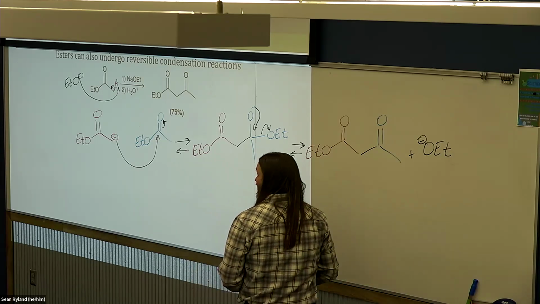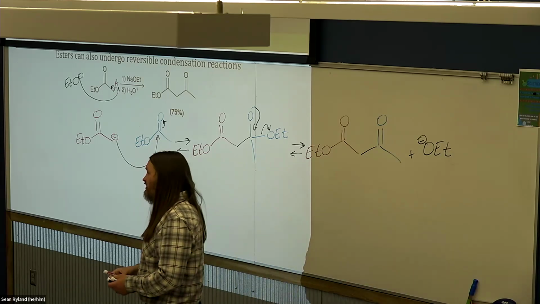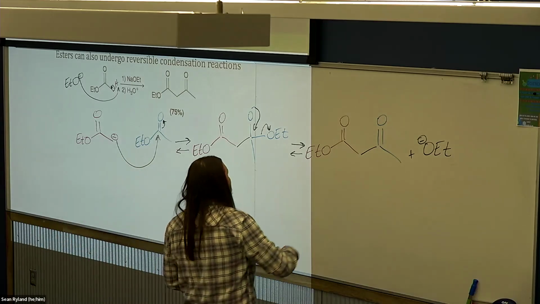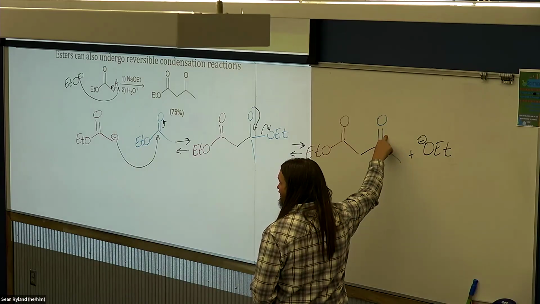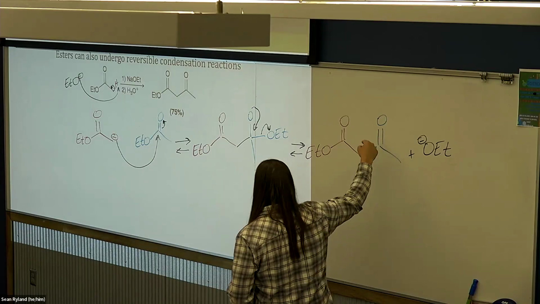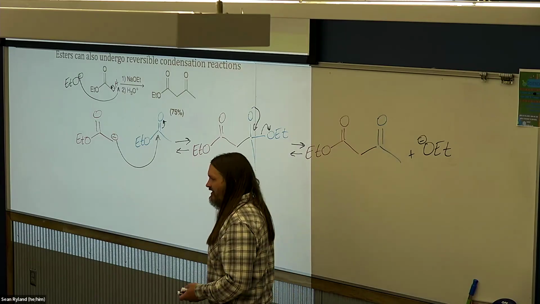We might make some of that alpha beta unsaturated compound. But that's going to be a lot less likely because this is a ketone, not an alcohol, so it's not as good a leaving group. So when we add the heat, it goes back that way instead.